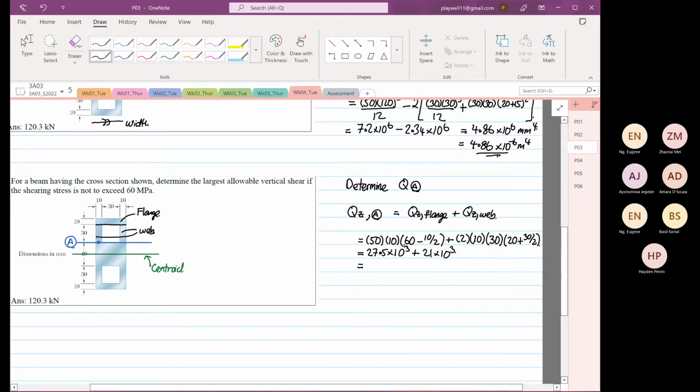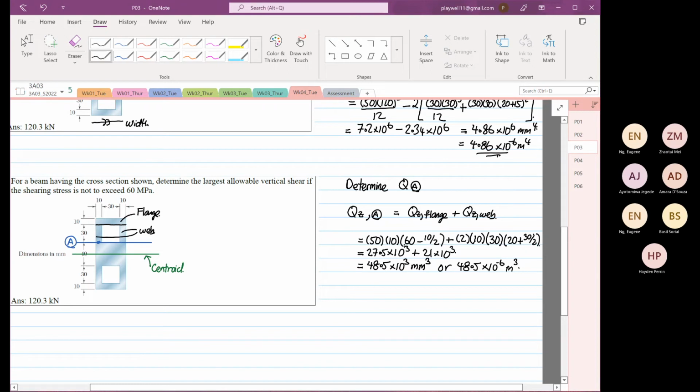So 27.5 times 10^3 plus 21 times 10^3 is equal to 48.5 times 10 to the power 3 millimeter cube, or 48.5 times 10 to the power minus 6 meter cube. Okay.